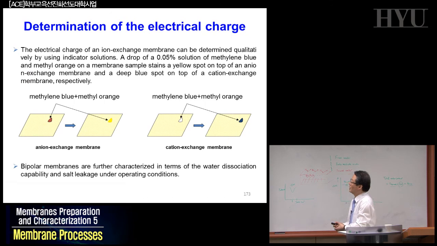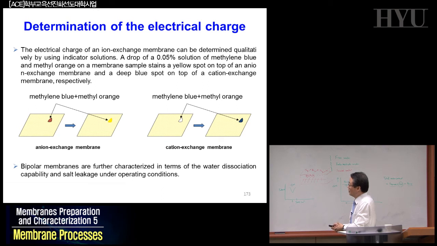Usually the charged membrane can be easily detected by chemical methods. When you have an ion exchange membrane containing ammonium group, then by adding the titrating agent, usually the color changes.